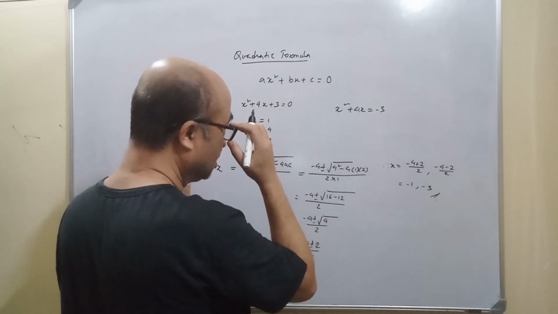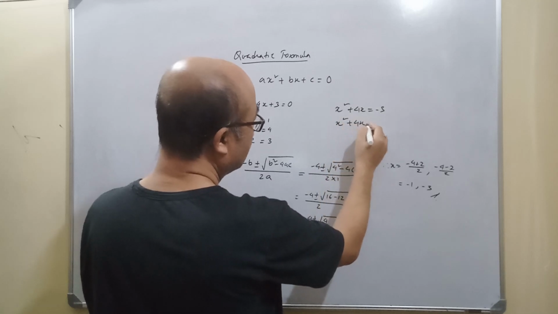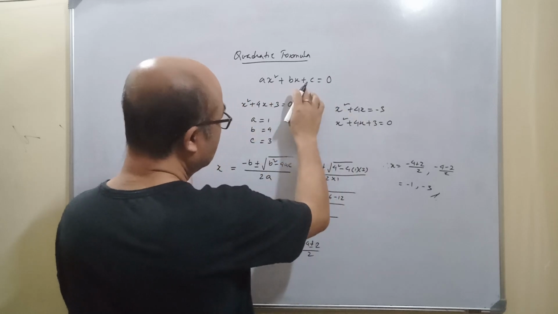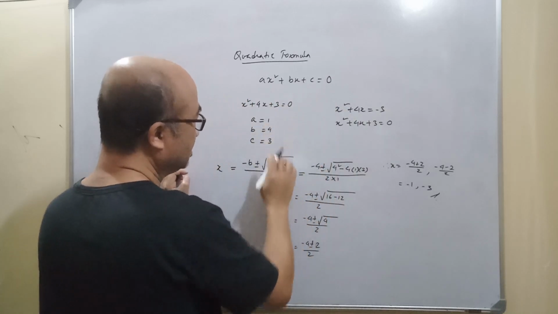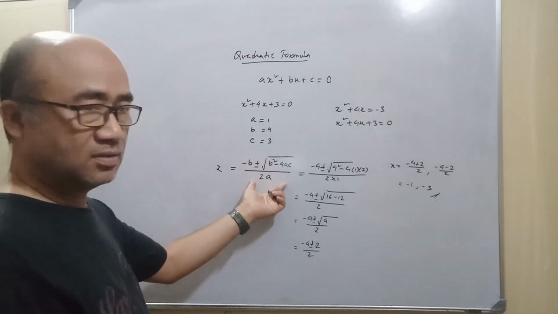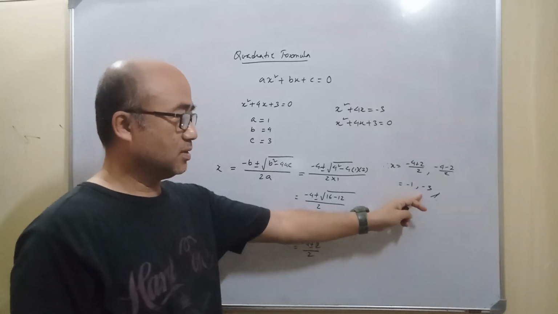For application of the quadratic formula, you have to convert it to the standard form like this. So it is in standard form. Now finding a, b and c, that is easier. You can just put the values here and find the values of the variable.